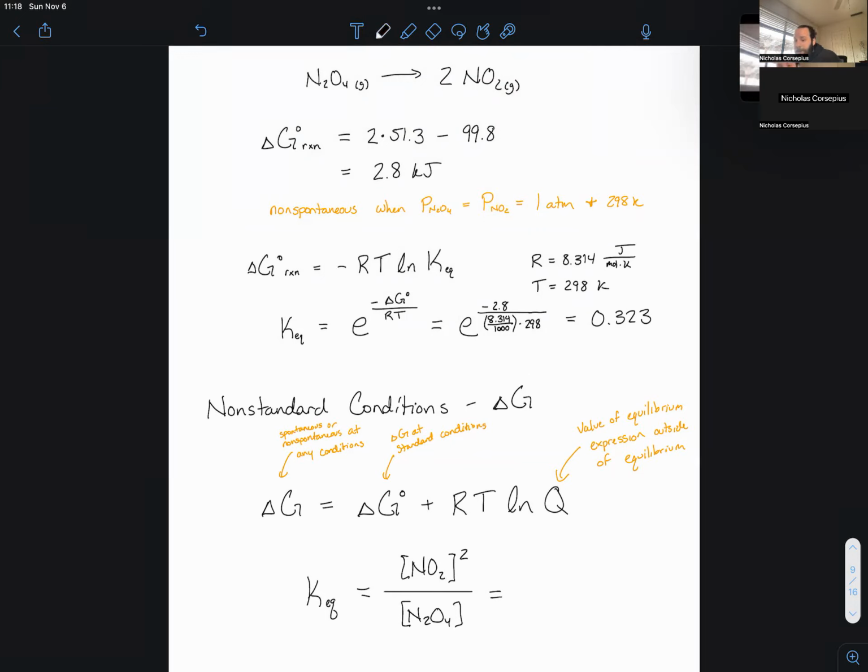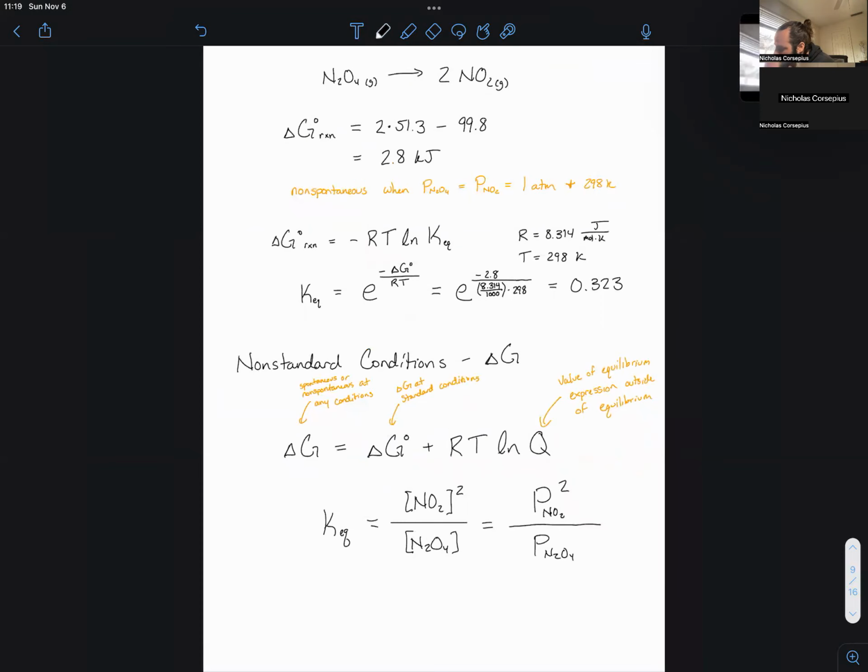But for gases, something that's far easier to measure than concentration is pressure. And pressure is proportional to concentration. So what we're going to do is take this expression and substitute in the pressure values squared over the pressure of N2O4.